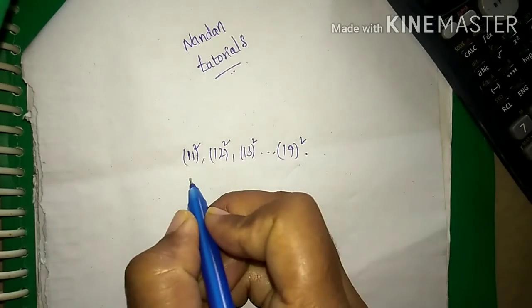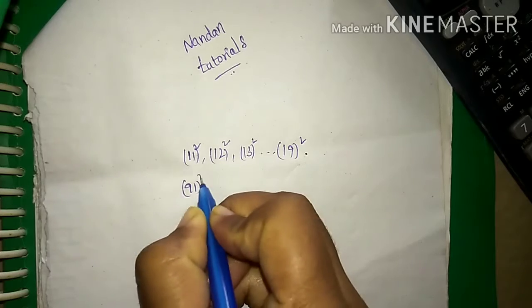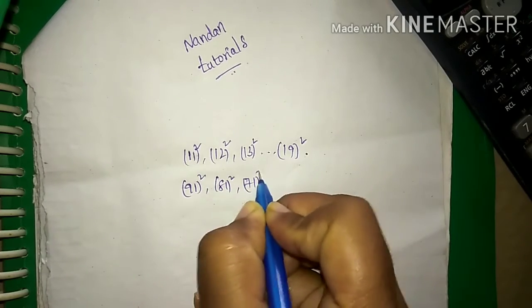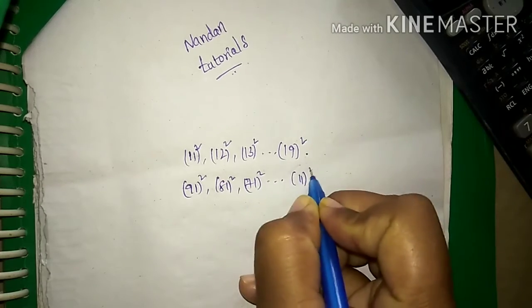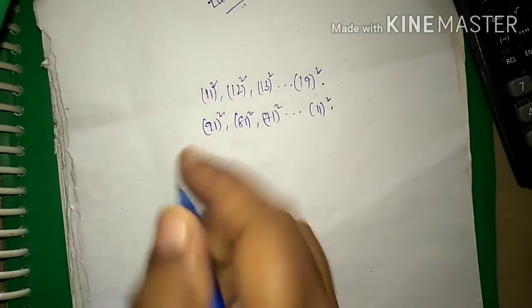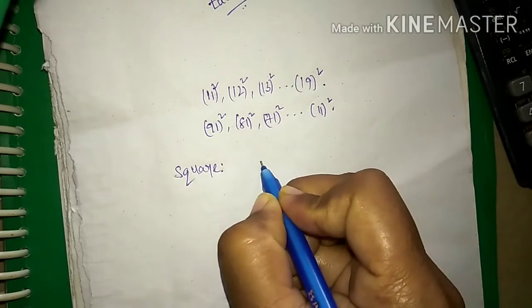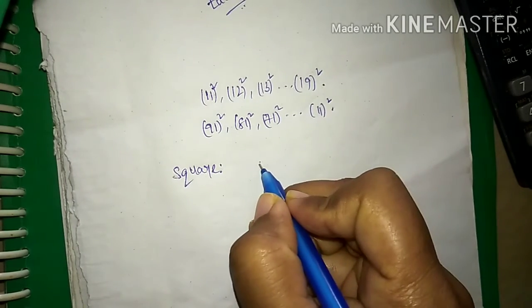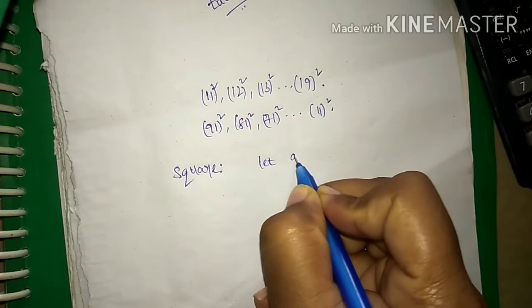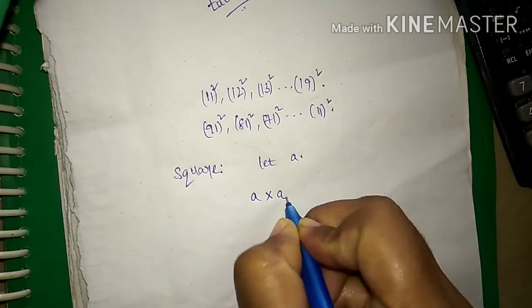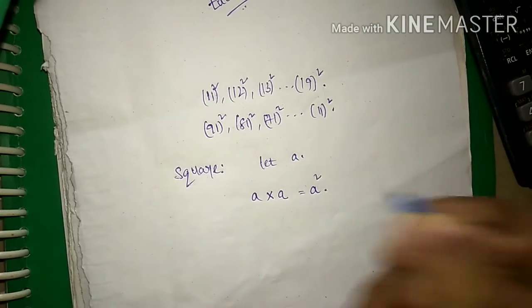Ends with 1 means 91 square, 81 square, 71 square up to 11 square. Square means any number multiplied with the same number. Let a be a number, so a multiplied with a is called a square, right?